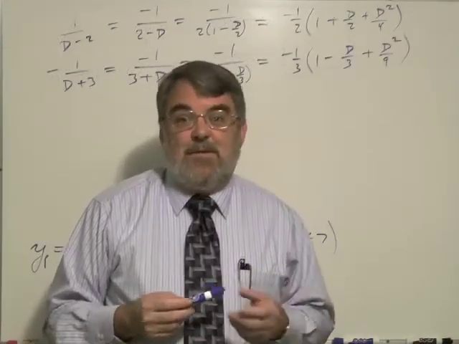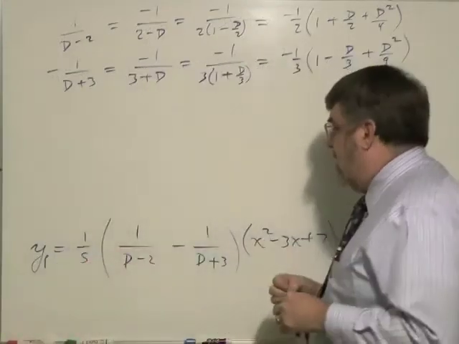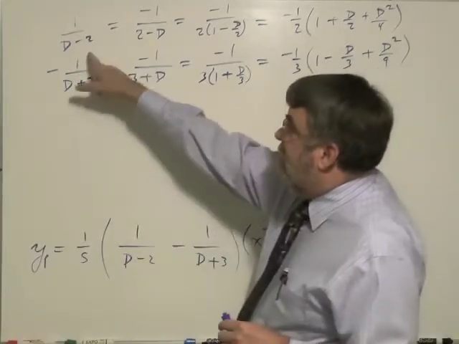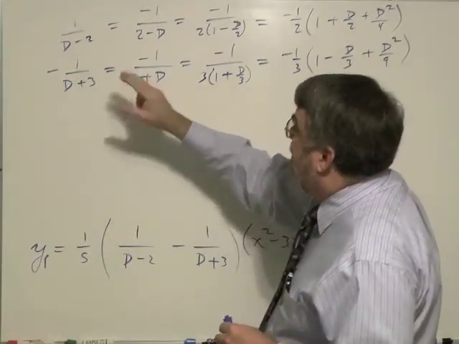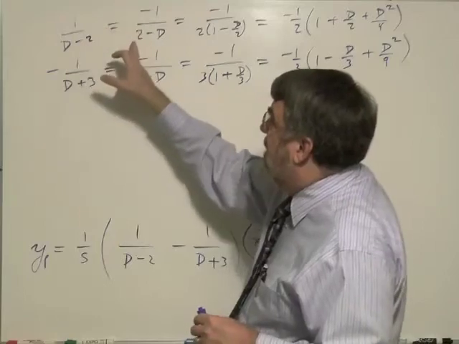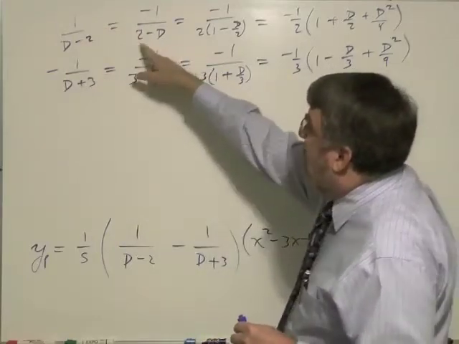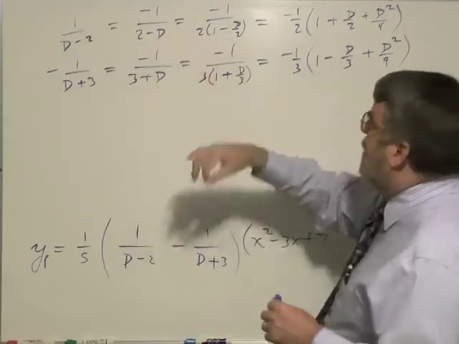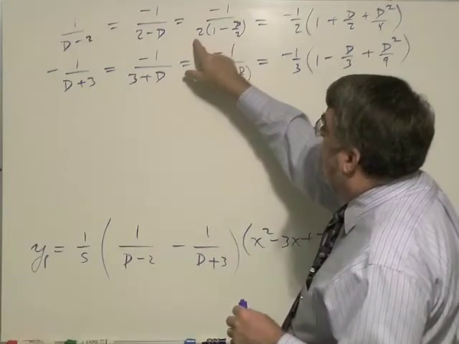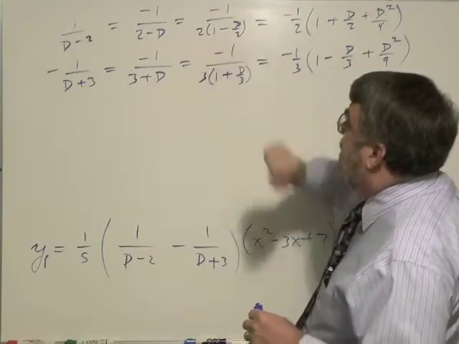I did the infinite series expansions. If you look over here, the 1 over D minus 2, but factor out a negative 1, becomes 2 minus D. Factor out this 2. I think we've done this one before. Factored out the 2, so it's 1 minus D over 2.